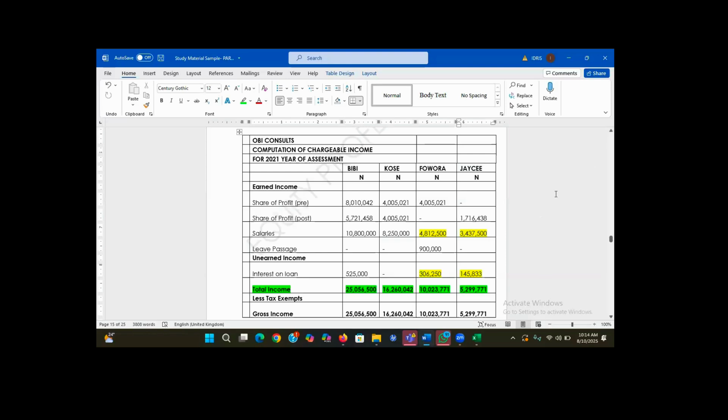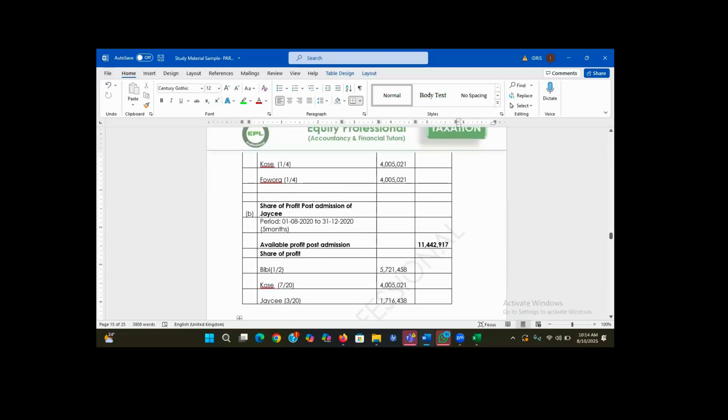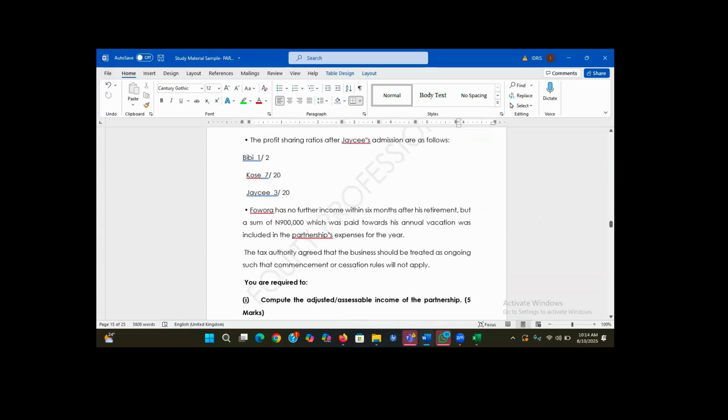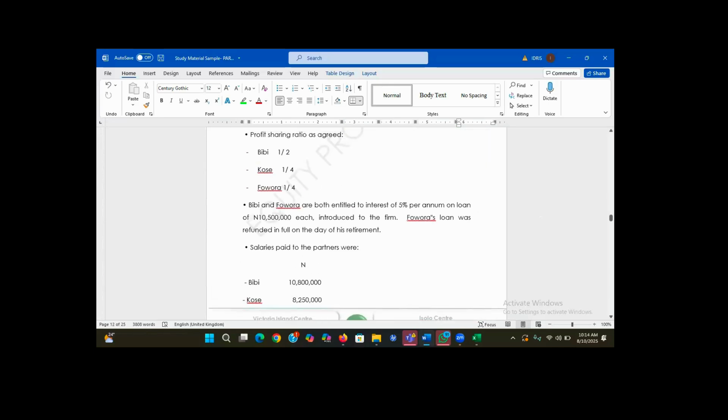What other income do the partners collect from this partnership business? Apart from share of profit, they collected salary. How much is their salary? BB salary is 10,800,000. Kose salary is 8,250,000.